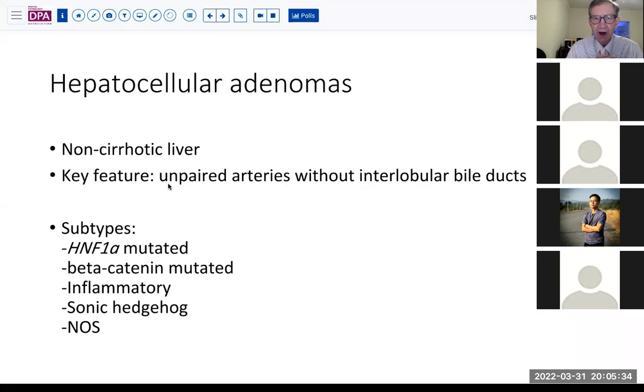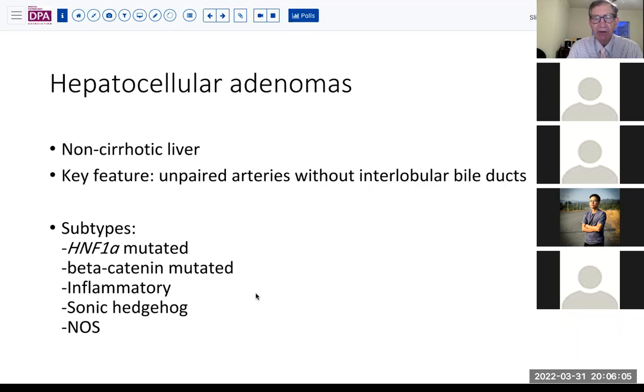So when you see arteries without a bile duct, you should start thinking about the hepatic adenoma. And with this lesion of the last decade or so, we've recognized several subtypes. And these have both prognostic and diagnostic implications. And so making the distinction is sometimes important for these.